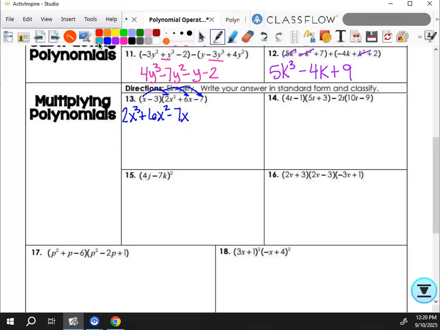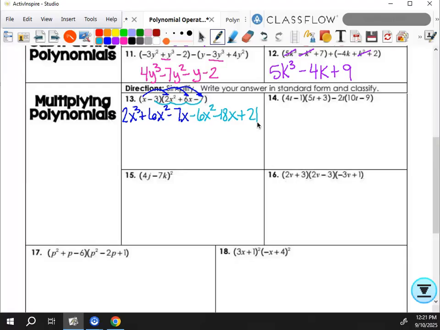Then I'm going to take that negative 3 and distribute it to all three of these terms. So that'll give me negative 6x squared minus 18x plus 21. Okay, you see how that's just distribution?